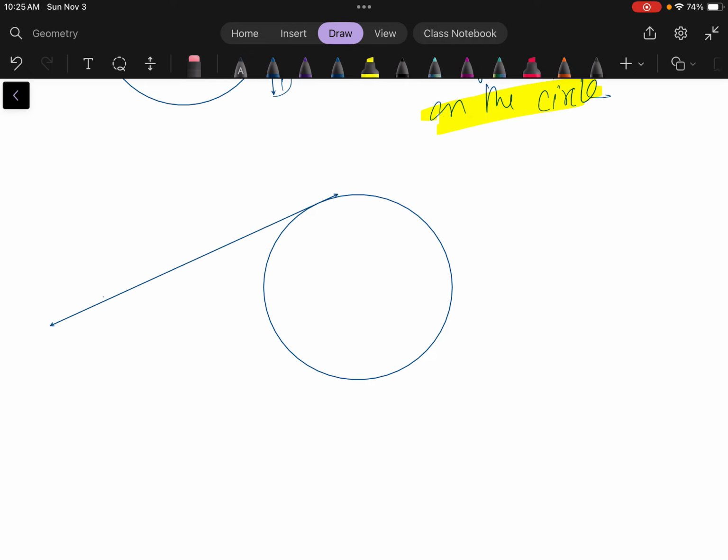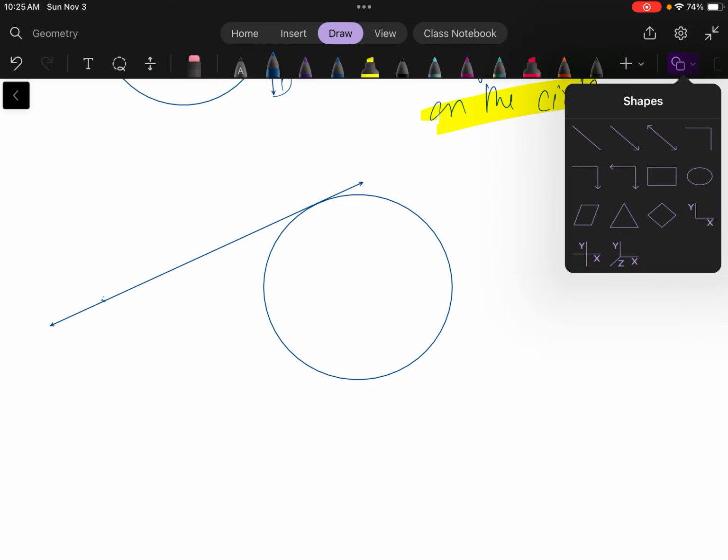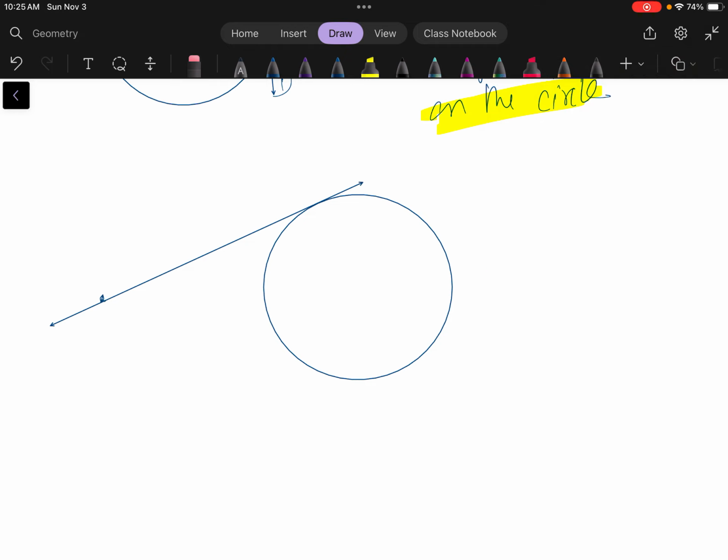That is passing to this one, so that we will draw one tangent. So let's consider this is the point. From this point I want to draw a tangent on this circle. So if I want to draw another line from here, so that it is touching this circle.